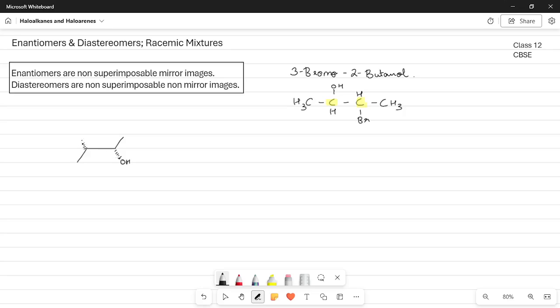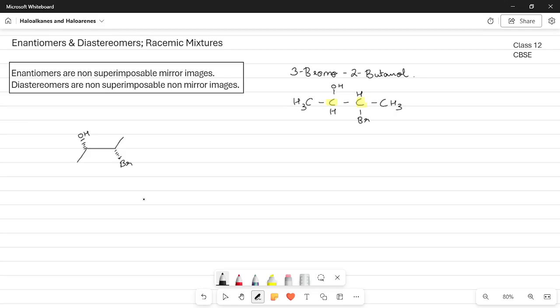So the wedge dash representation, the wedge is coming towards us, the dashed one implies it's going away from us. So this is one of the first ones. So here, actually, it's not OH on the third carbon, it's actually bromine. So you have the bromine and the OH.